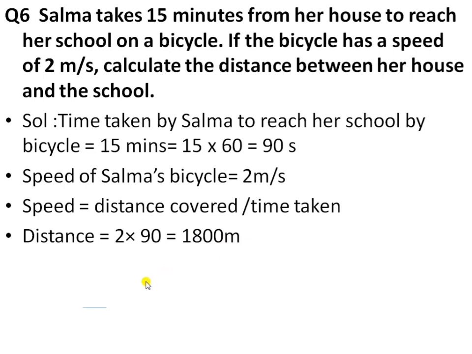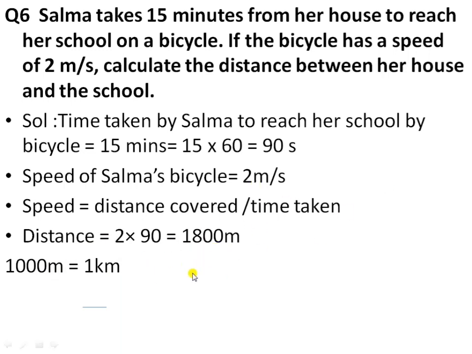After that we have to convert this distance into kilometers. How to convert meters into kilometers? 1000 meters is equal to 1 kilometer. If we have to convert meters into kilometers, simply we divide by 1000.